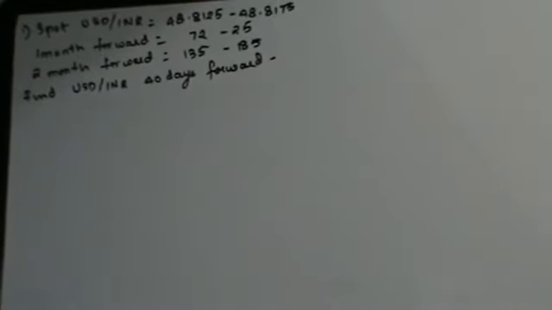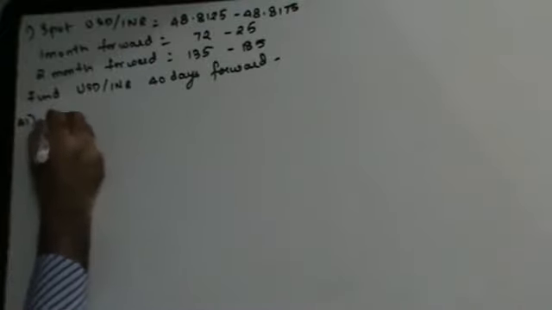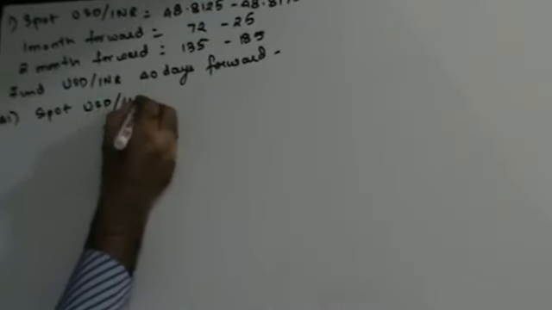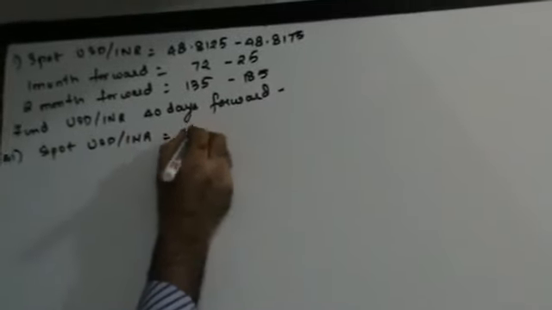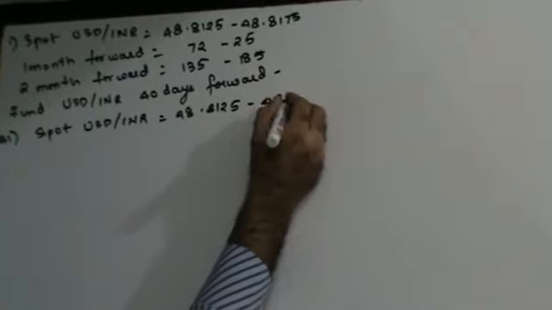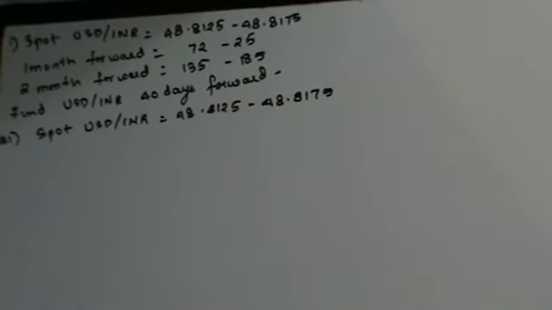Right? Now let's see this. They've given you that, guys, spot USD INR is 48.8125, 48.8175. Now, if you look at the 1 month forward swap points, they are in descending order.